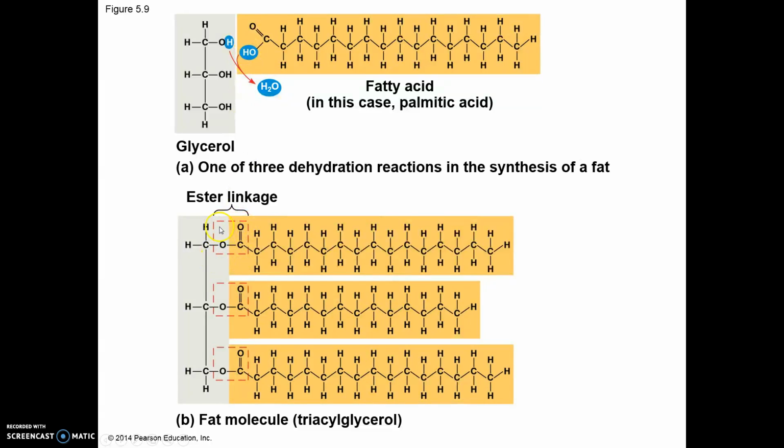It's called an ester linkage because it has an oxygen linking two carbons, but also has an adjacent carbonyl. We put three of these fatty acids onto this glycerol, and it forms what we call a triglyceride. So when we refer to a fat molecule, what we're really referring to is a triglyceride.